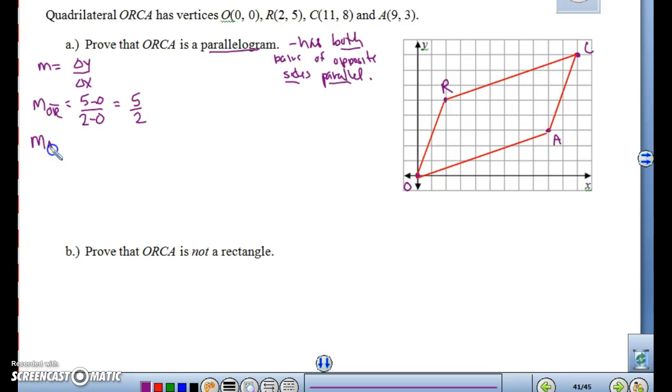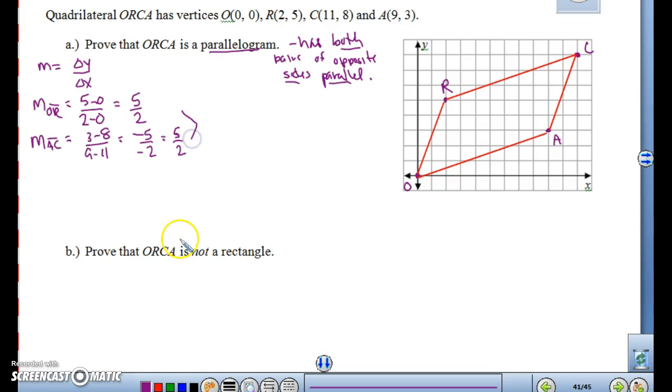So the slope of AC is, using A and C, these 2 points right here, 3 minus 8 over 9 minus 11. 3 minus 8 is negative 5. 9 minus 11 is negative 2. Negative 5 divided by negative 2 is 5 over 2.